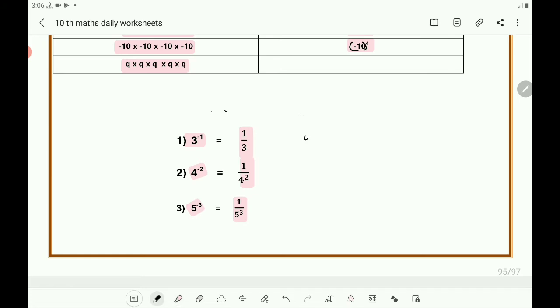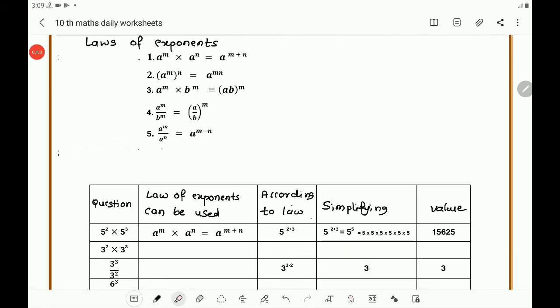Similarly, you write the fourth one, 10 power minus 8 equals, and a power minus m equals, then 2 power minus 2 equals. You write the values.